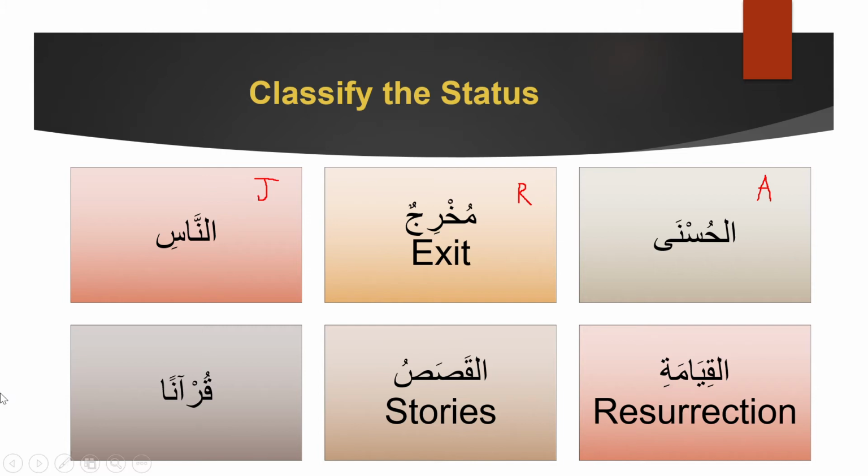So kasra means jar. Next, Al-Qasasu. There is dhamma on top. Dhamma means what? Rafa. Yes. Dhamma means rafa. Next, Qur'anan. There is fathatain, which means yes, nasab.